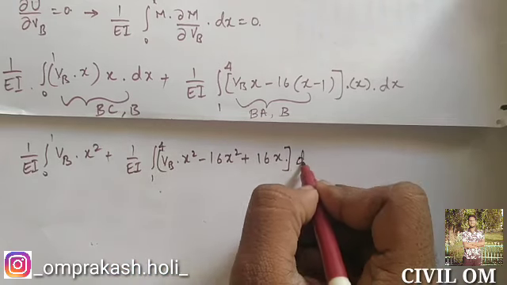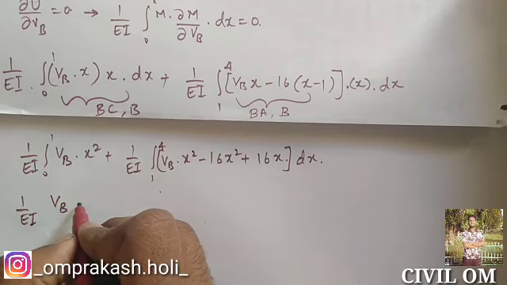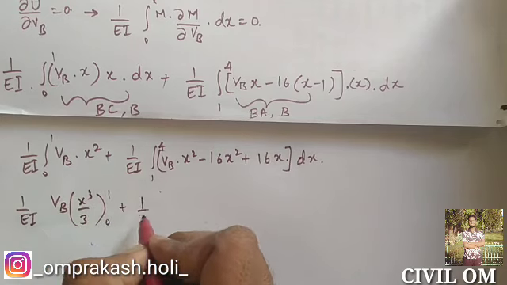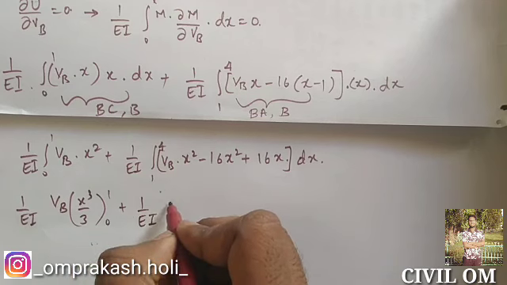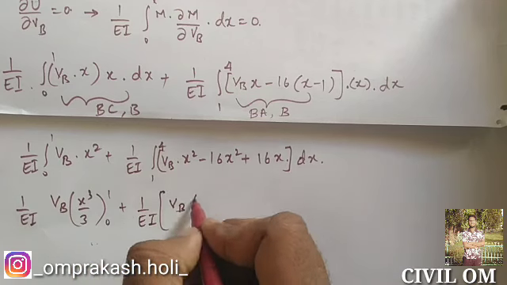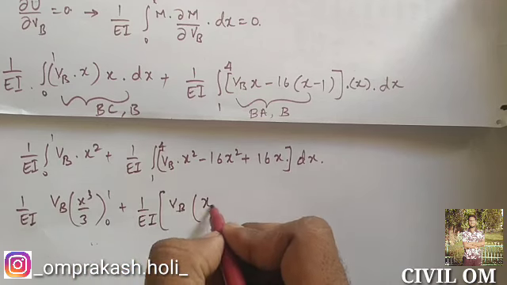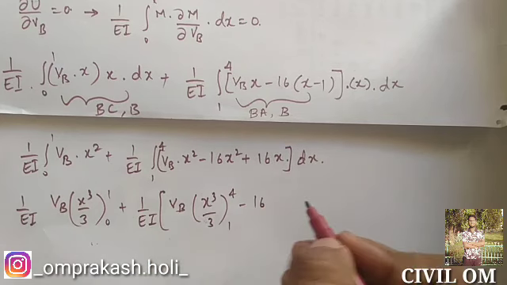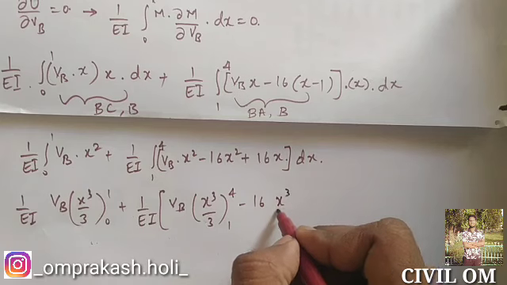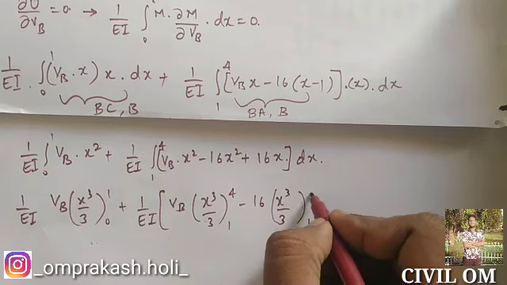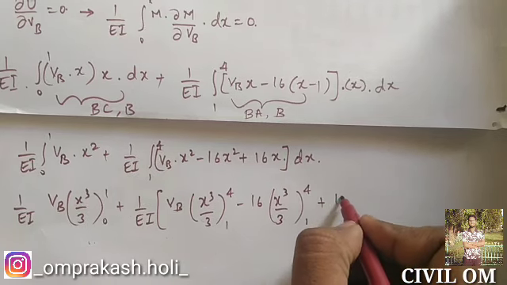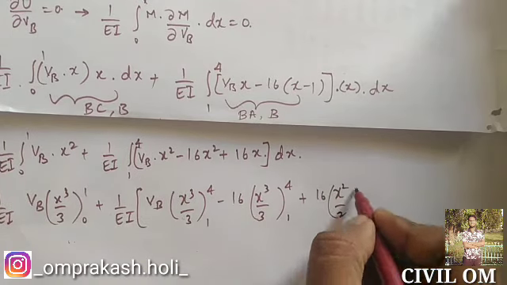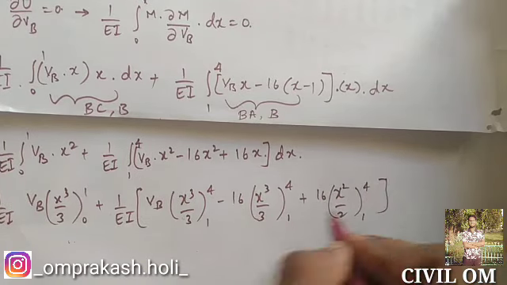So 1 over EI VB into x cube by 3 over the limits 0 to 1, plus 1 over EI VB x cube by 3 over the limits 1 to 4, minus 16 x cube by 3 over the limits 1 to 4, plus 16 into x square by 2 over the limits 1 to 4.